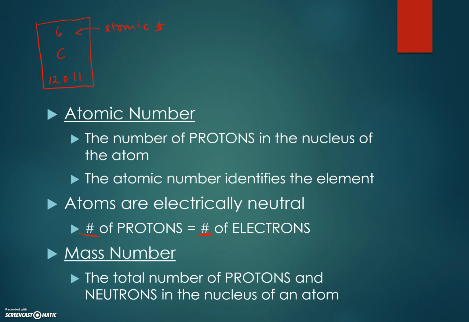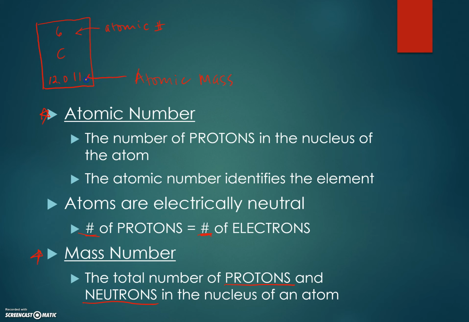Mass number is the total number of protons and neutrons in the nucleus of an atom. So I have atomic number, I have mass number, but then I have a combination of these two words, and I have what's called the atomic mass.